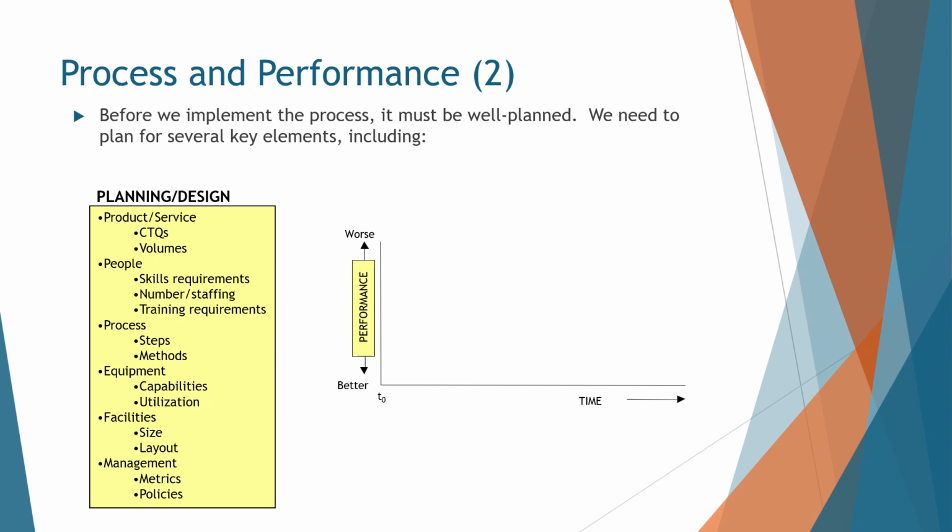So when it comes to performance, the down arrow indicates better, and as you go up, it's worse. And then you look at the passage of time. We begin operation here.